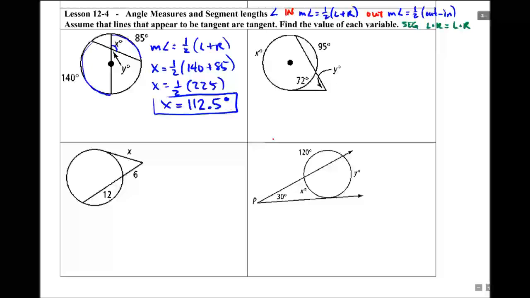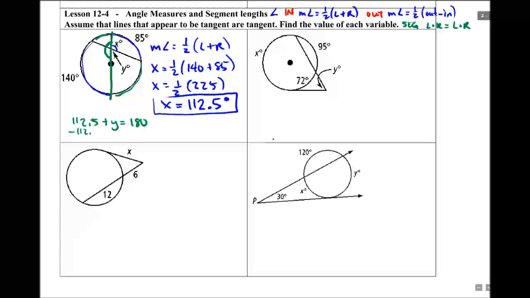That's not very convenient. That's all right. And y here, well, how are we going to find that? There's a number of ways we could calculate what these arcs measure because we have a diameter here, so we know that both of those sides are 180, but I am going to go back to the beginning and say we have a linear pair here, and x plus y is 180, so 112.5 plus y equals 180.